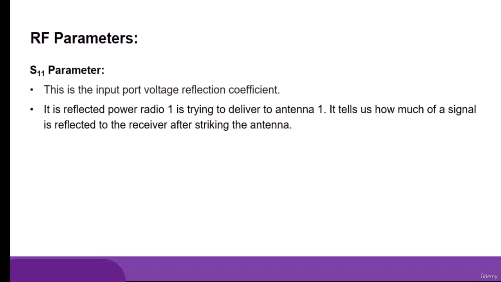Now, I have my antenna system. This is port 1 with antenna 1 and this is port 2 with antenna 2. Now, the power delivered to antenna 1 through radio 1 at port 1, and the reflected power from antenna 1 through port 1, are the S11 parameters.